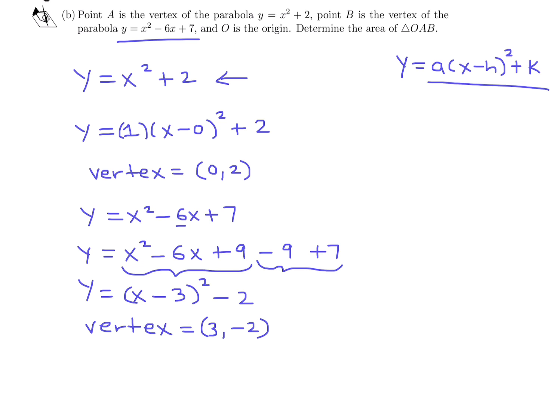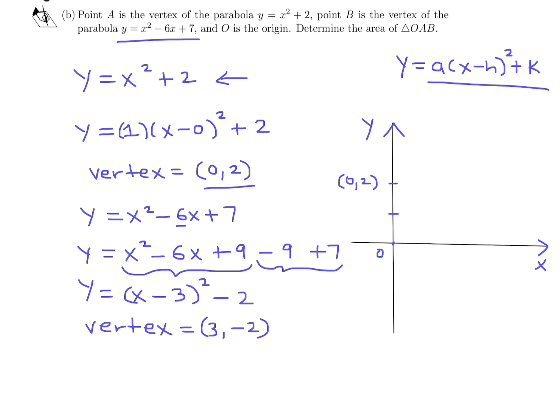Now we plot this, and the plot doesn't have to be very pretty, because they don't really care about the graph. They just want you to figure out the area. So in a very approximate way, let's plot all of these points. The first thing is the origin, that's just (0, 0). Our first point was (0, 2), approximately here.